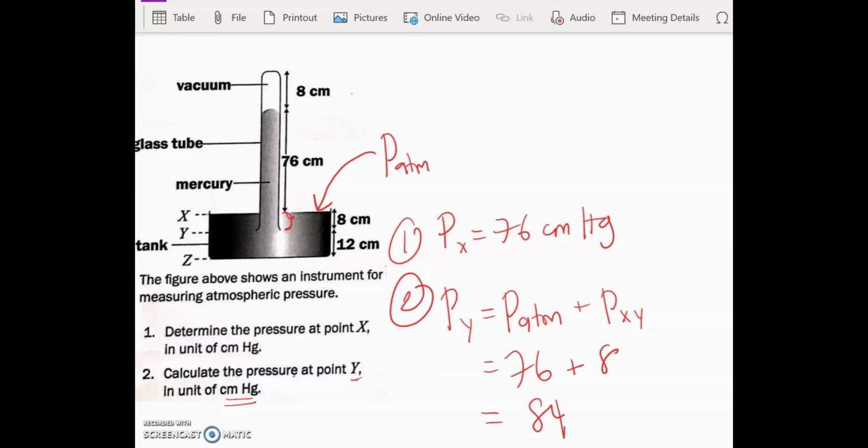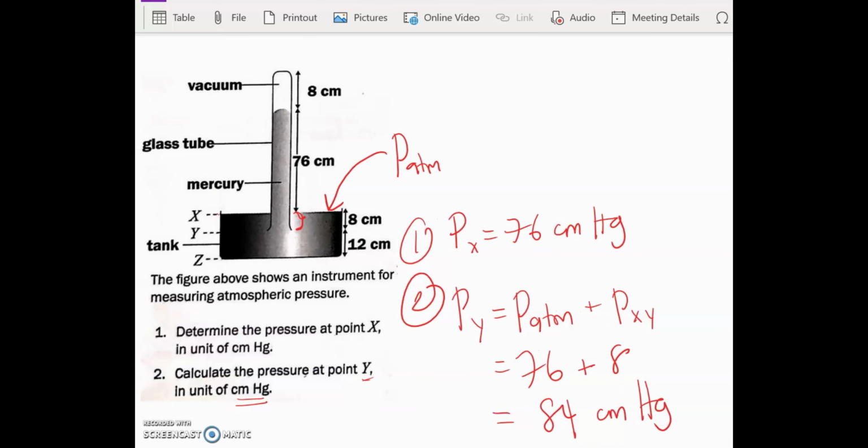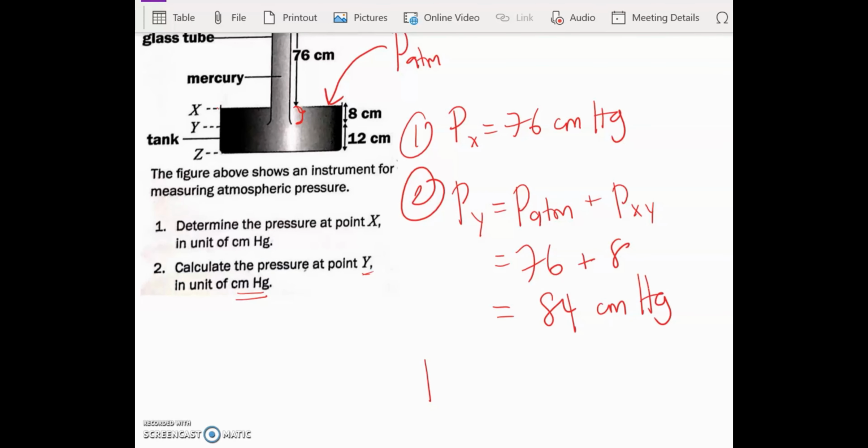So you will get 84 centimeter Hg. If the question asks you to convert to Pascal, just use the formula pressure equals rho GH.